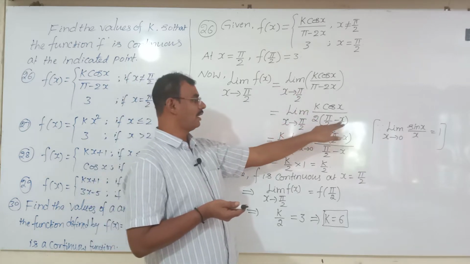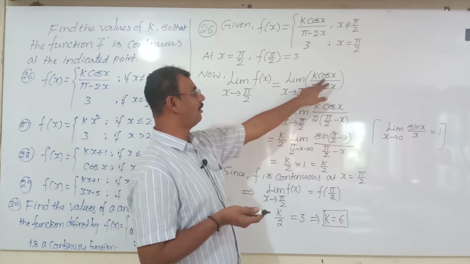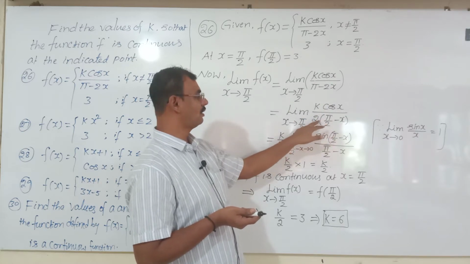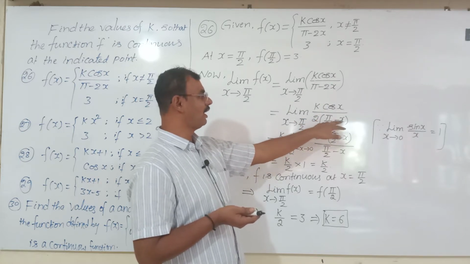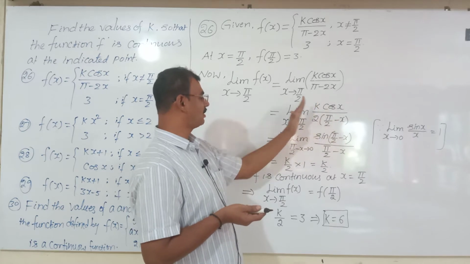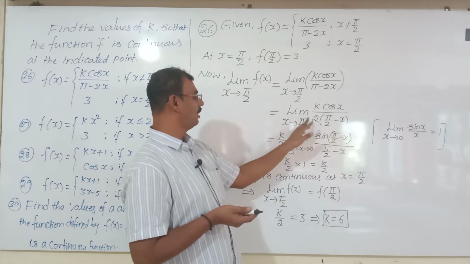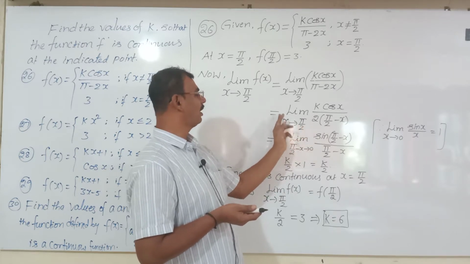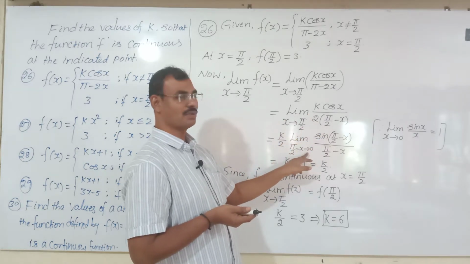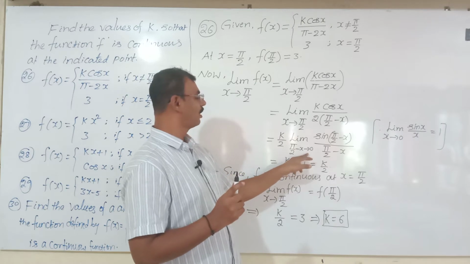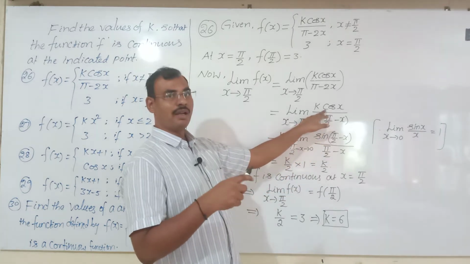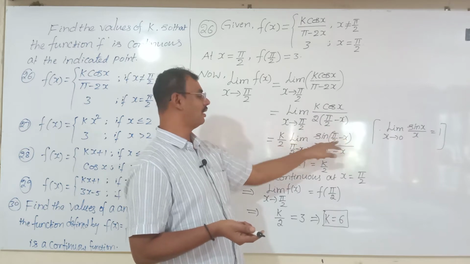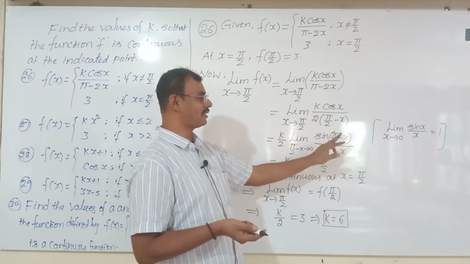So what I have done here: k cos x, and in the denominator I took 2 common, 2 of pi by 2 minus x. Next, taking the constant term outside, the limit as x approaches pi by 2, or pi by 2 minus x approaches 0, the meaning will be the same. Cos theta in terms of sin of 90 minus theta, upon 90 minus x.